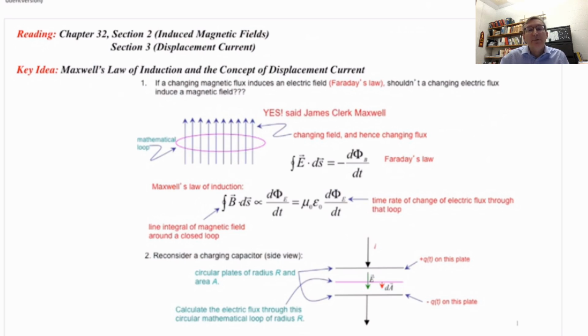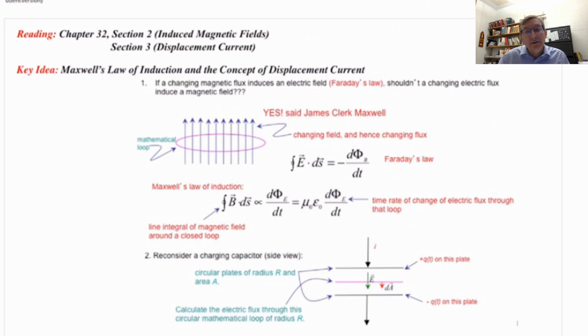And what we learned in chapter 30, the concept often called Faraday's law, is that if you have a changing magnetic flux through a loop, there'll be an induced EMF in that loop and an induced electric field around that loop.